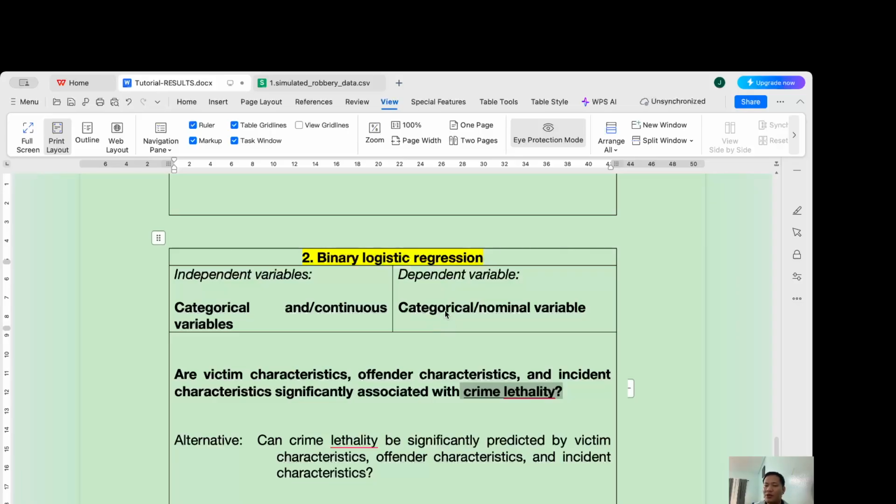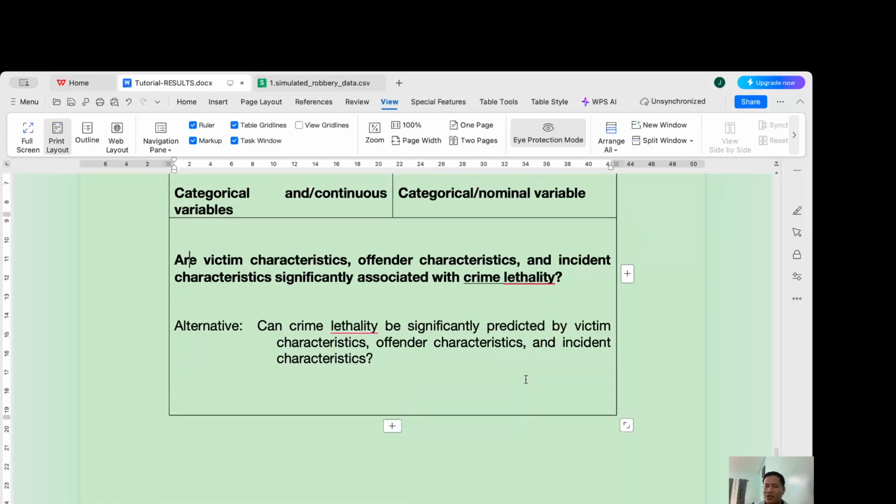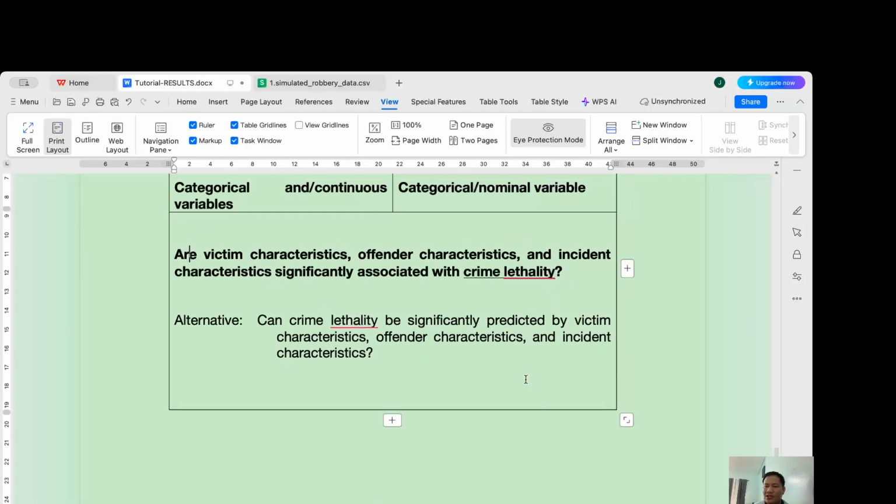So there are two categories in this dependent variable: whether the victim was harmed or the victim was not harmed. And the independent variables are mixed also. So here, are victim characteristics, offender characteristics, and incident characteristics significantly associated with crime lethality? We will answer that using binary logistic regression.